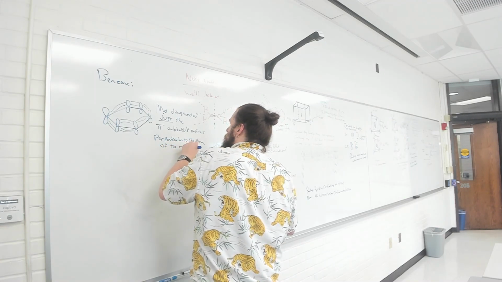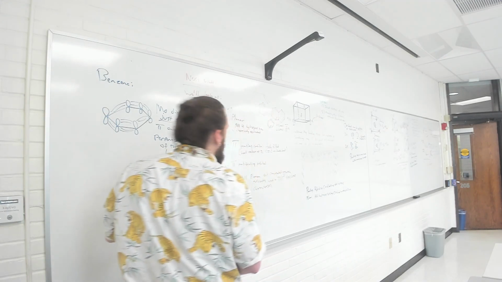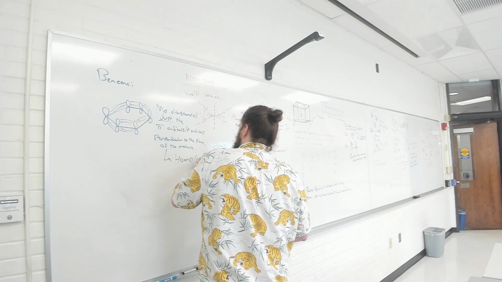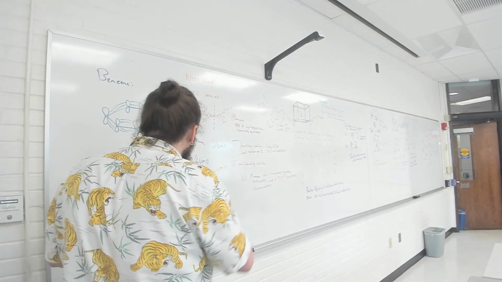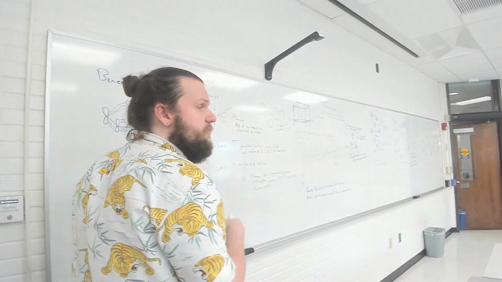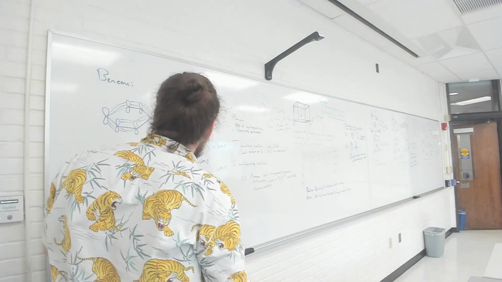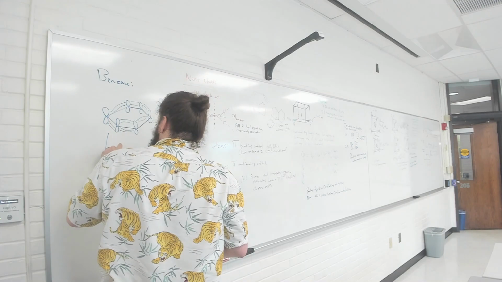These are always involved in the HOMO and LUMO interactions. The HOMO and the LUMO are always, in these conjugated systems, these pi orbitals like this that are perpendicular to the plane.